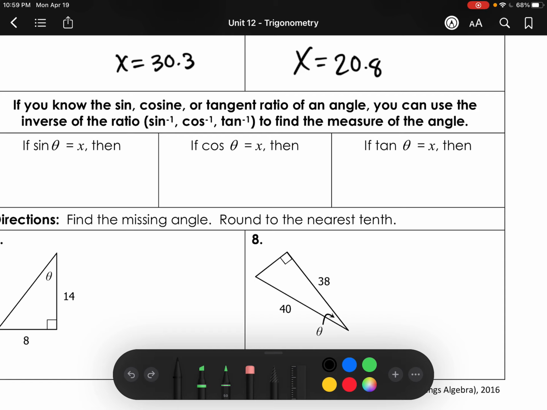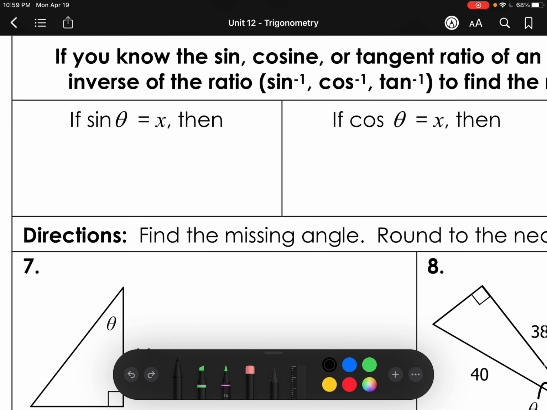And tangent with an exponent of -1 is the inverse of tangent. So we're going to use the inverses of our trig ratios to help us find the measure of an angle. This says that if sine theta is equal to x, then theta is equal to the inverse of sine of x.